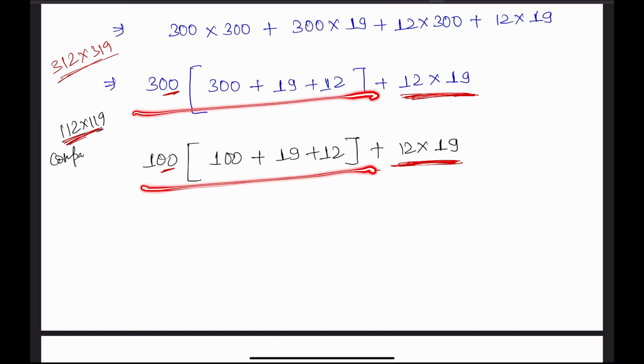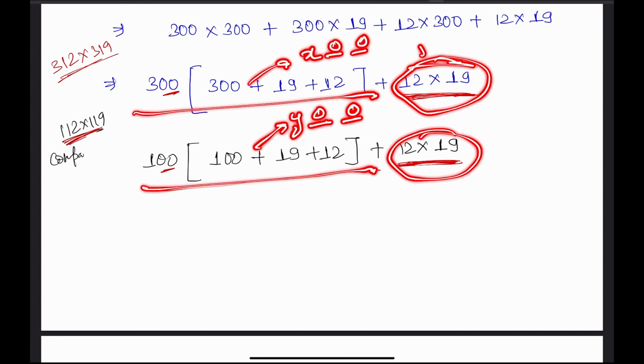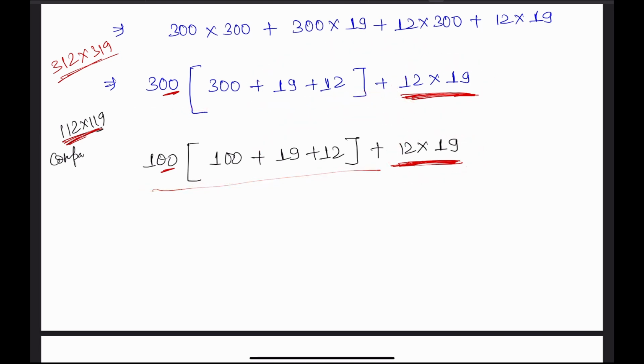All I know is that it will be in the form of x00, y00. So no matter what is happening, we can just add it in the last two digits. And then 12 into 19: 19 times 2 is 38, 8 carry 3, 19 plus 3 is 21, so 218 is the answer.